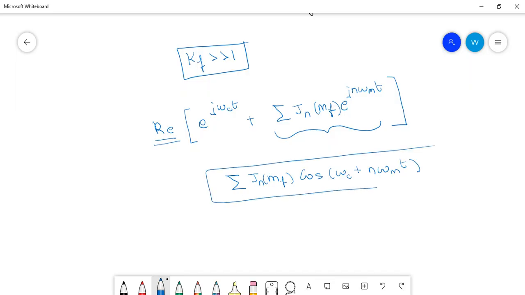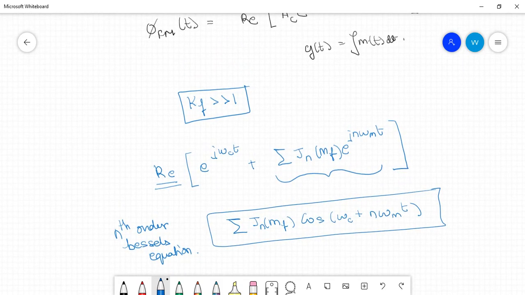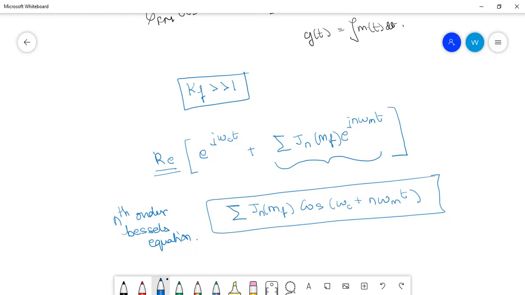This is nothing but the nth order Bessel function. Here we have considered our signal, g(t), to be mf sine omega_m t.